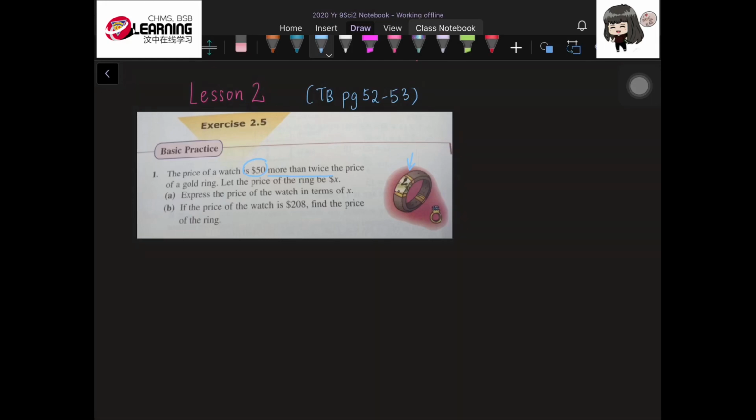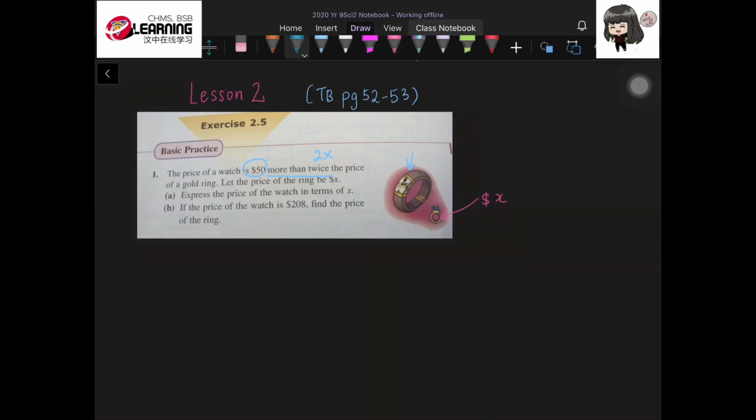Twice means two times the price of the gold ring, right? So let the price of the ring be x dollars. The price of the ring is x dollars. A. Express the price of the watch in terms of x.